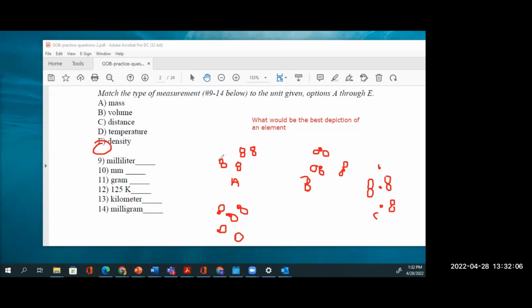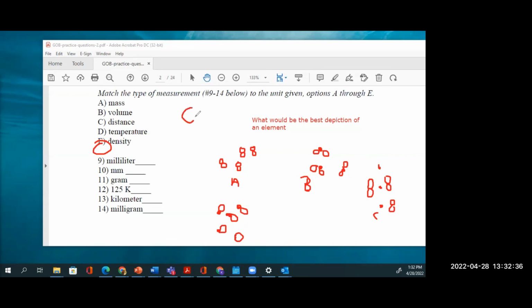If each one of those circles represents an atom, we don't have any elements that are like that. What do you guys breathe? No, what are you supposed to be breathing? I know we breathe in air, but what is it in the air? Oxygen. Okay, what is the chemical formula for oxygen?